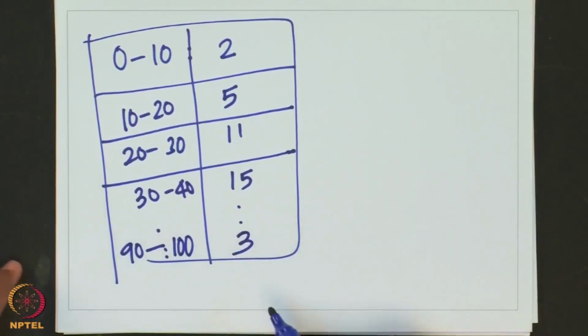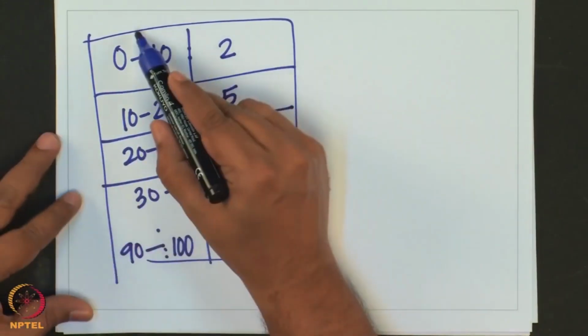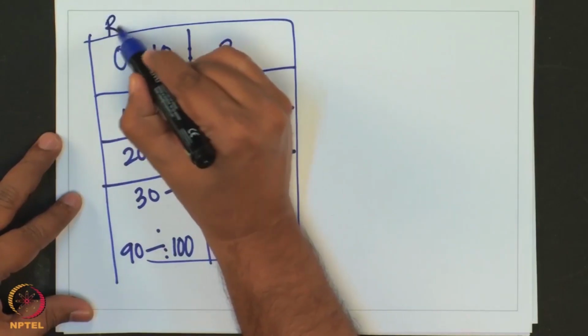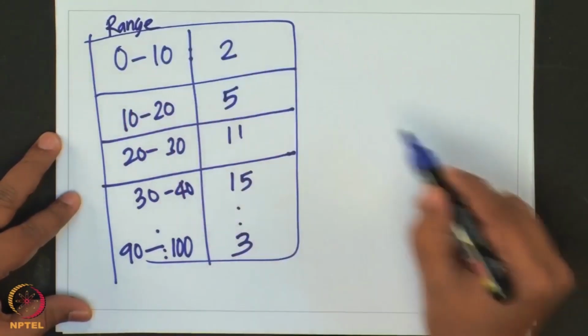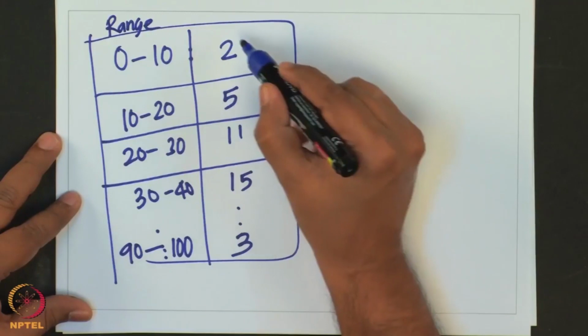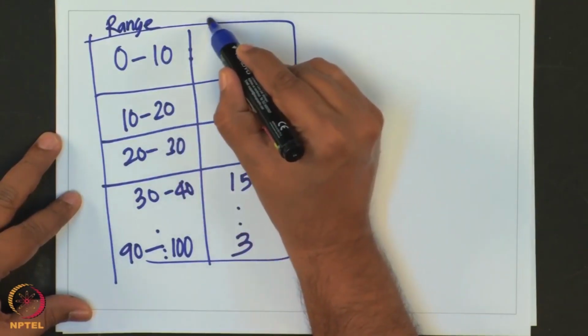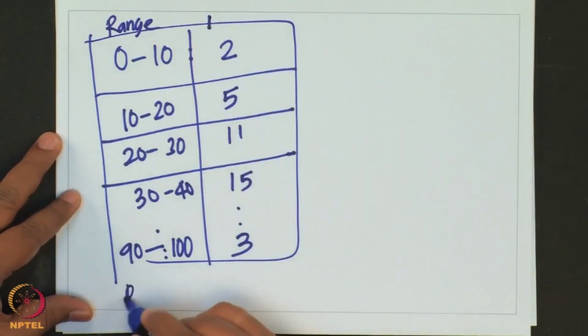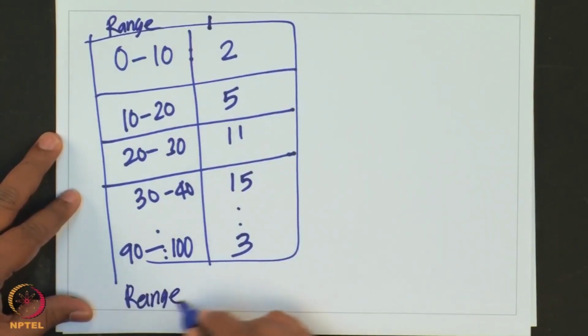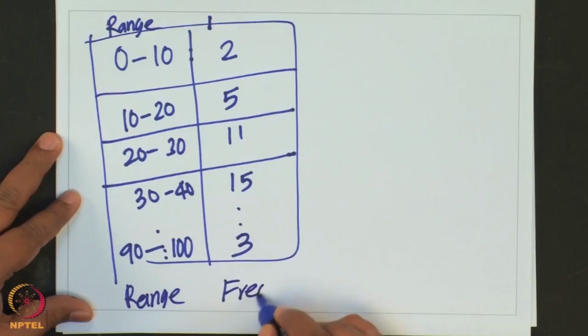So you get a table like this where you have a range, and this is frequency. How often numbers fall in this range.